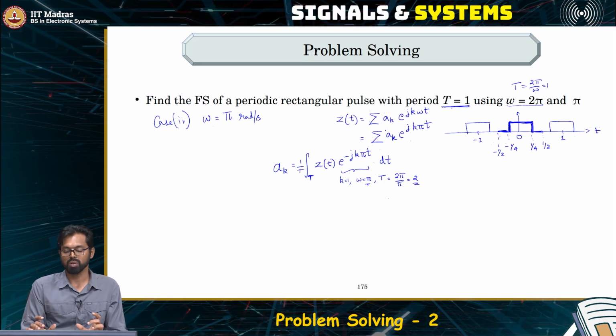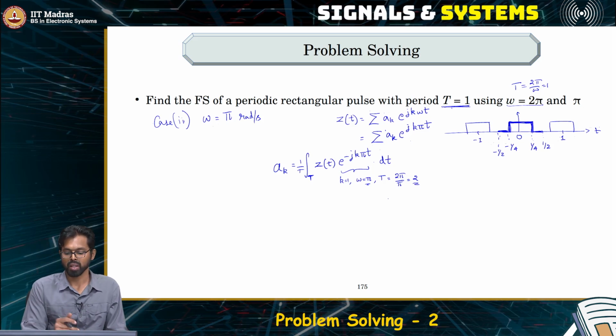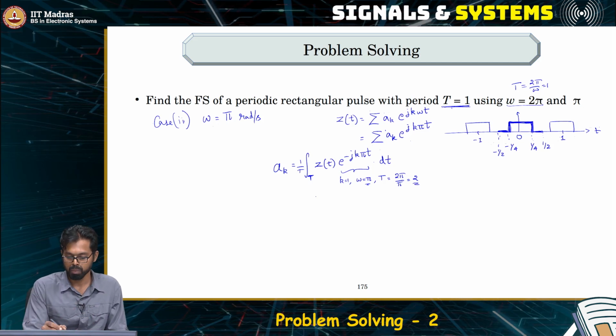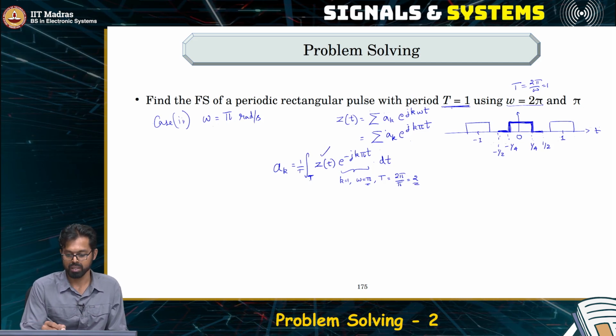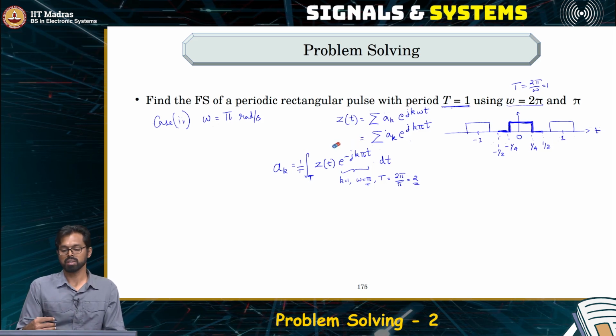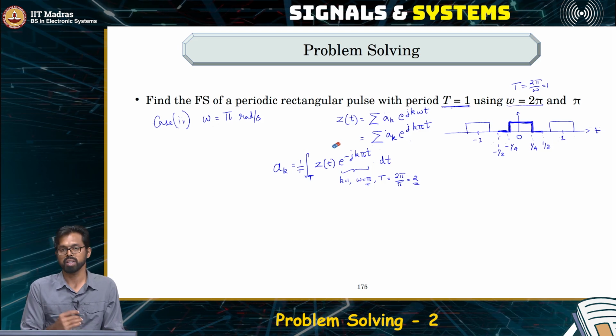So one thing that you have to always keep in mind is, when you compute this Fourier series representation and these inner products, it is necessary that both the signals, z of t and the phasor, should complete at least some integral multiples of the fundamental period of each of their periods.